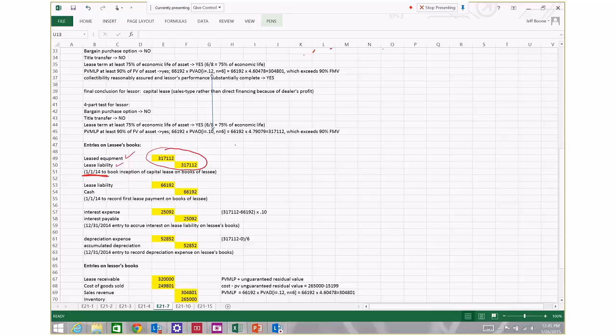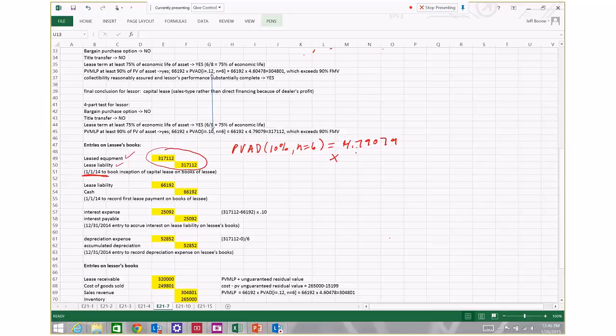Take the present value of an annuity due for a 10% interest rate, n equal to 6 lease terms, or 6 years rather. That's equal to 4.79079, and multiply that times the amount of the recurring rental payment.